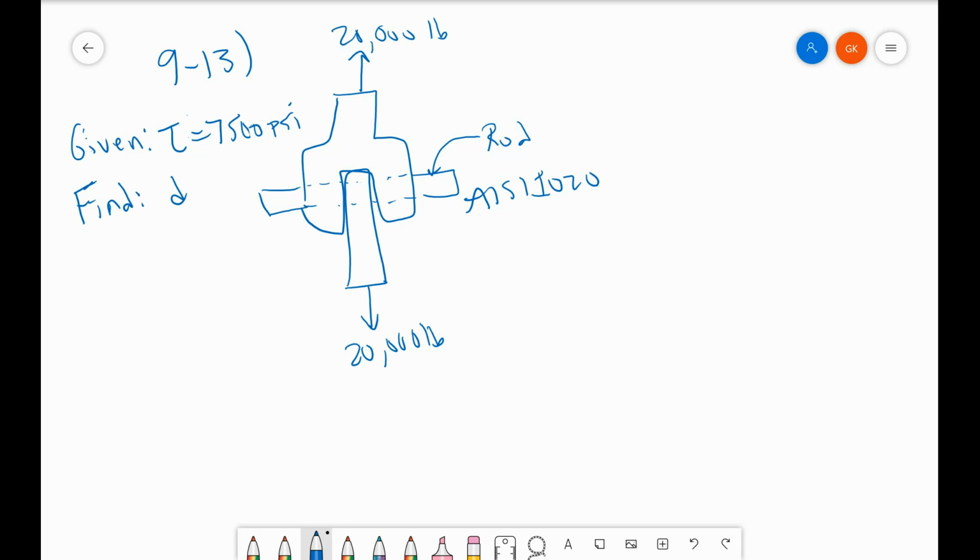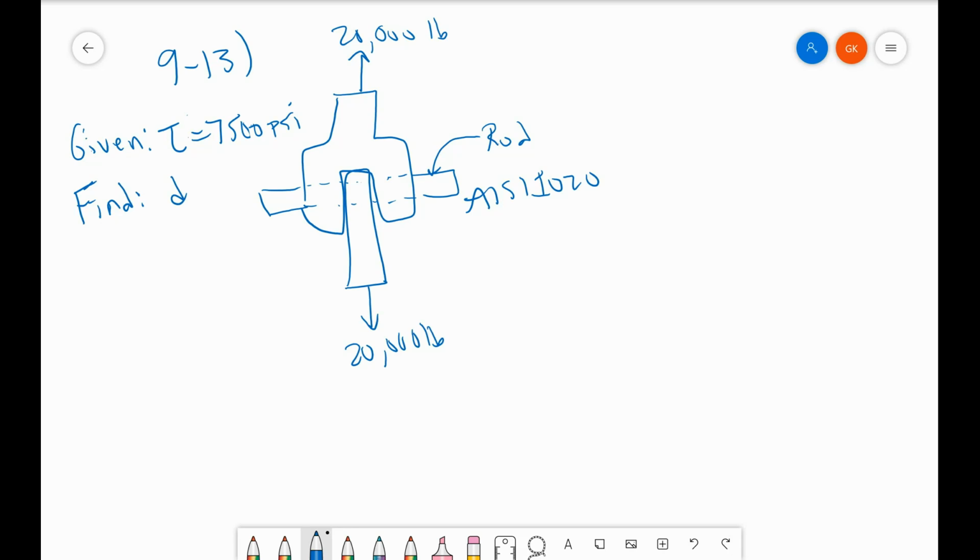Otherwise, it will fail. It has to be bigger than whatever we solve for. But we don't want to go any more than that first step because we're trying to get it just right on the money.